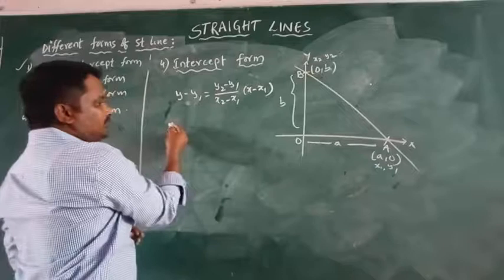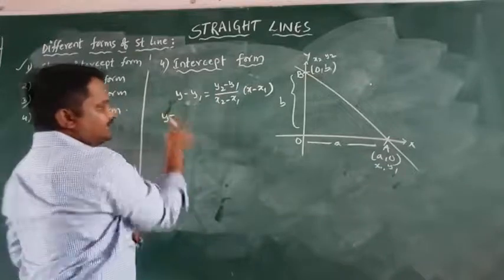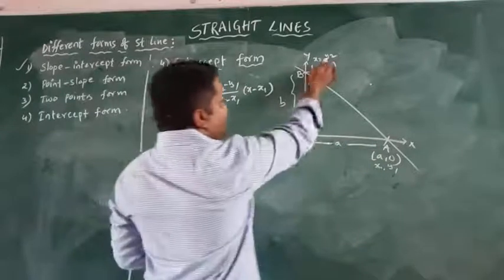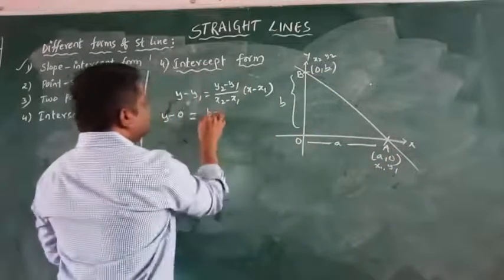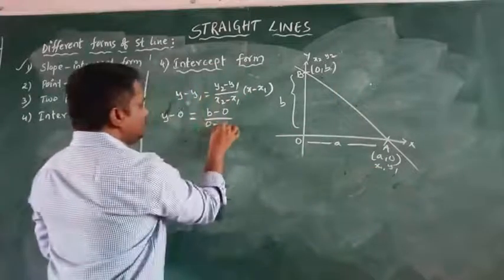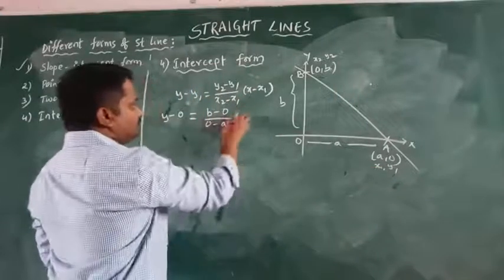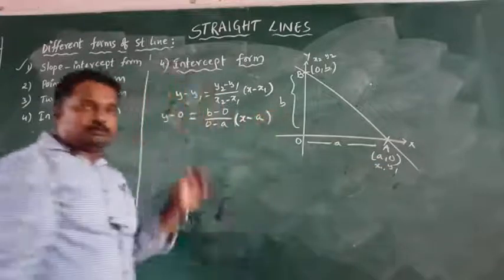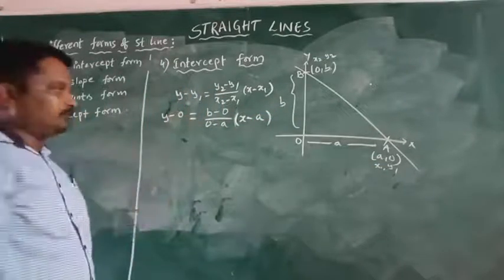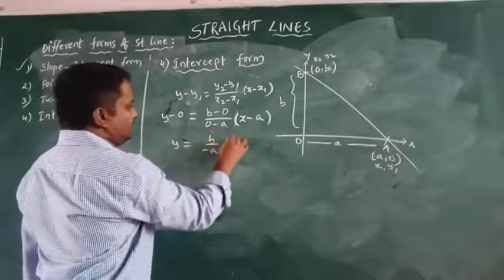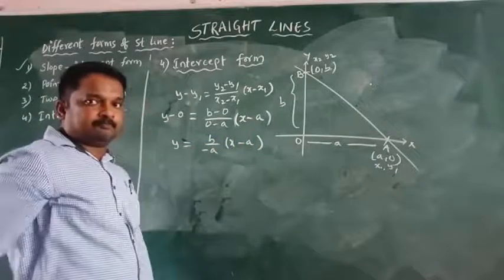Substitute there: y minus 0 equals (b minus 0) by (0 minus a) times (x minus a). Now you simplify that one, you will get the intercept form. That is y equals b by minus a into (x minus a).